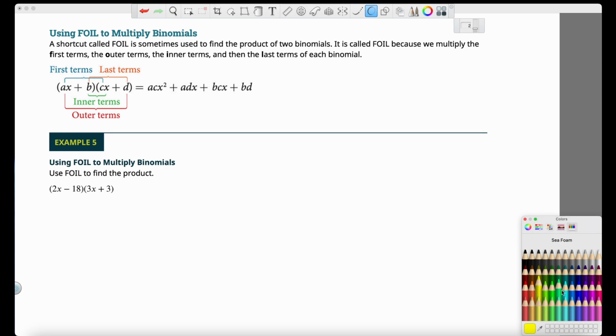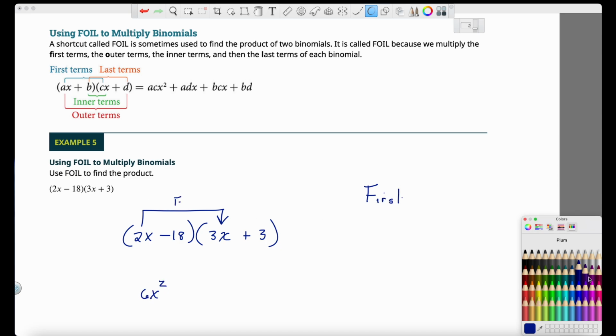Okay, FOIL: first, outer, inner, last. You guys have seen this for sure. We're just doing a binomial times a binomial, and basically we're still just distributing the 2x into the two terms of the binomial. That's the first and the outer.